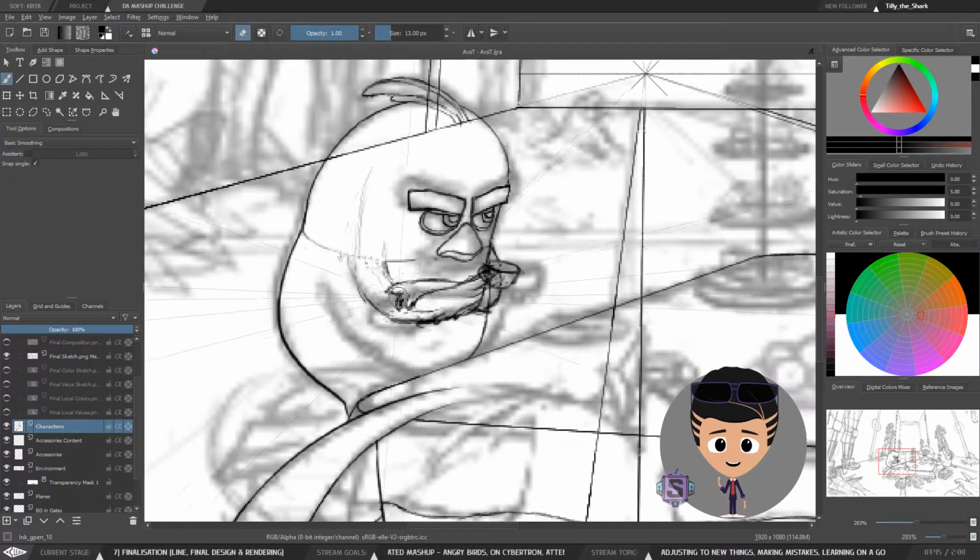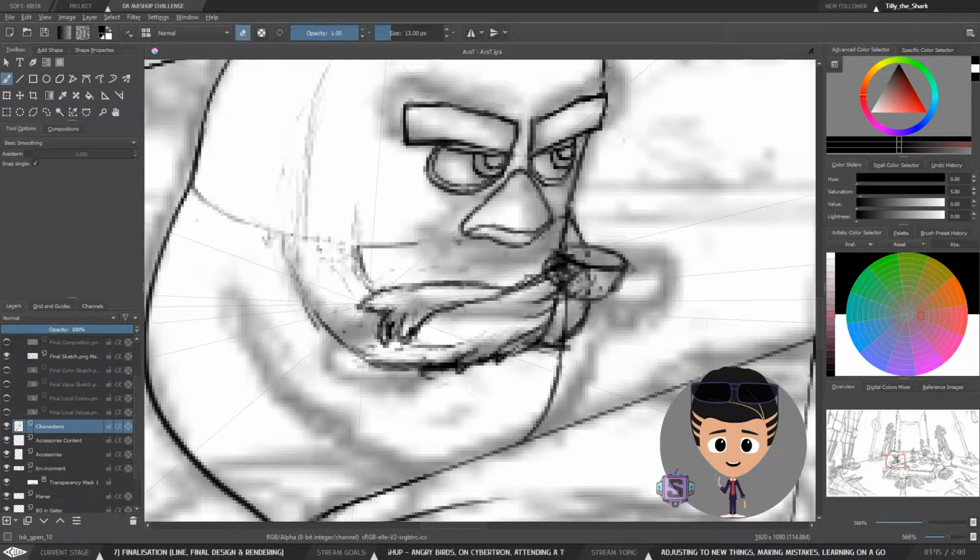It's like fingers, but it's not. But they kind of represent the placement for them slightly.